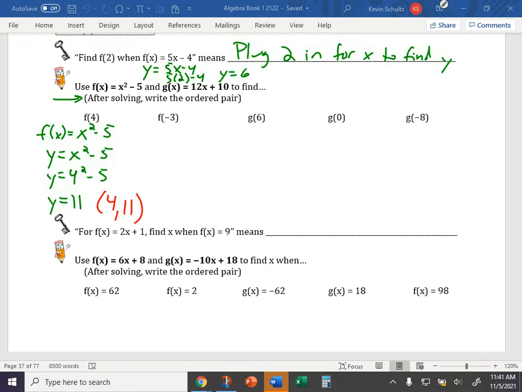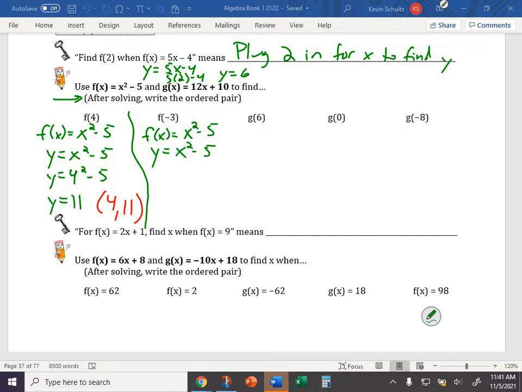Let's look at f of -3. Which equation am I using if I want to find f of -3? Lauren? Again, f of x, right? So f of x equals x squared minus 5, which is essentially y equals x squared minus 5.